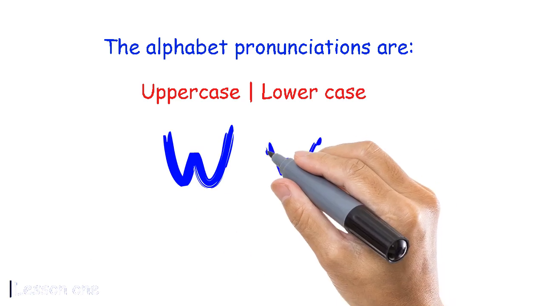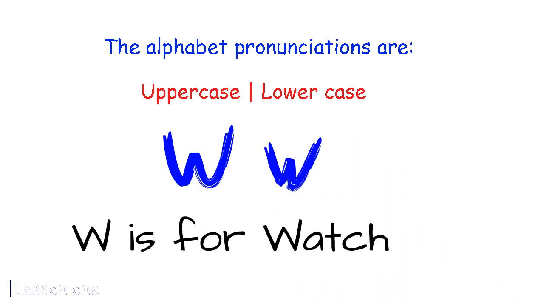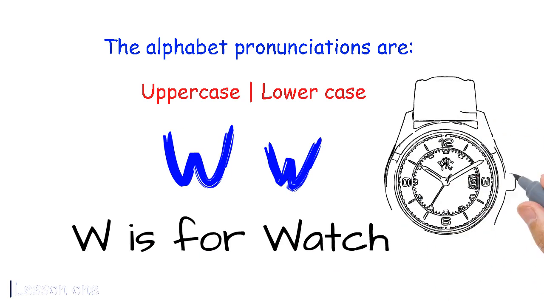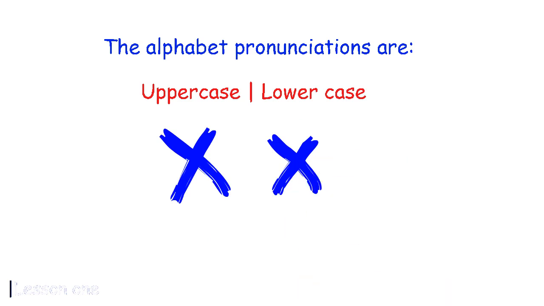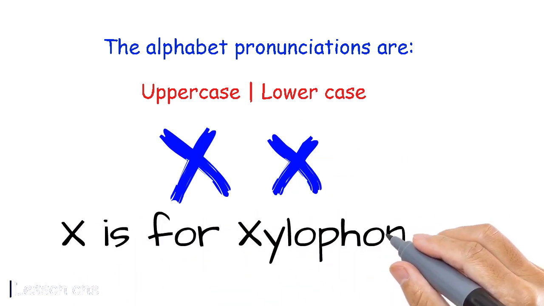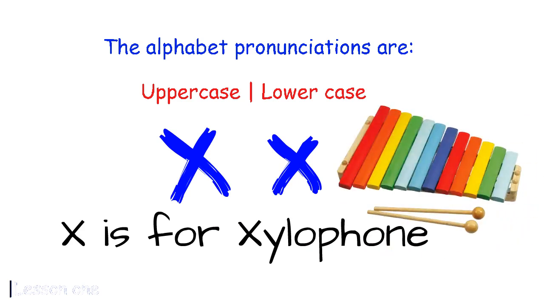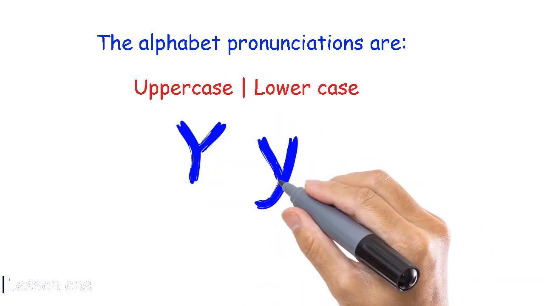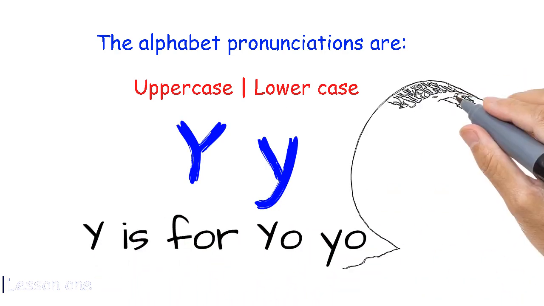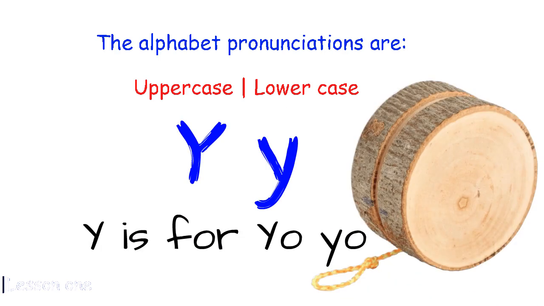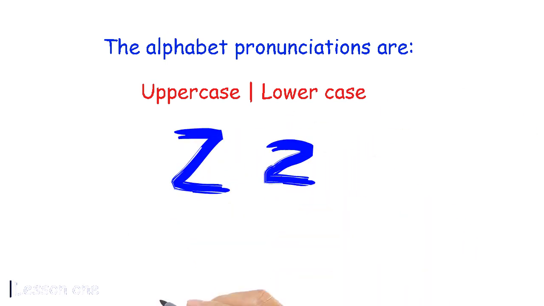W is for watch. X is for xylophone. Y is for yo-yo. Z is for zebra.